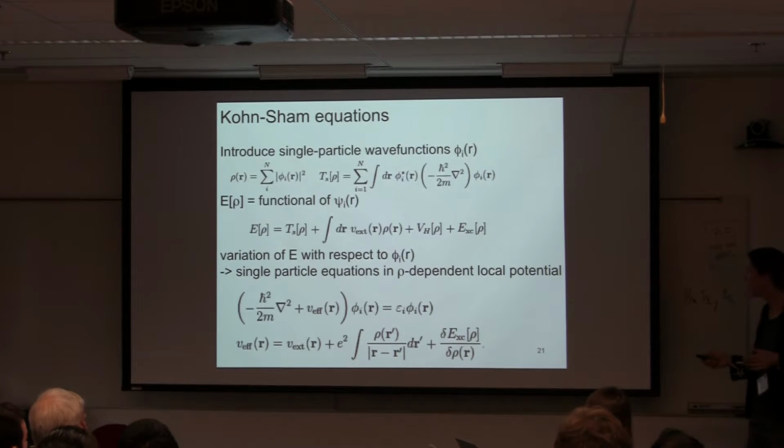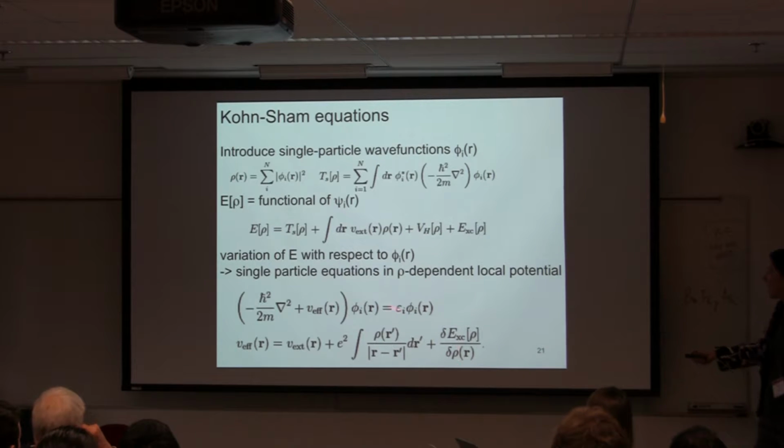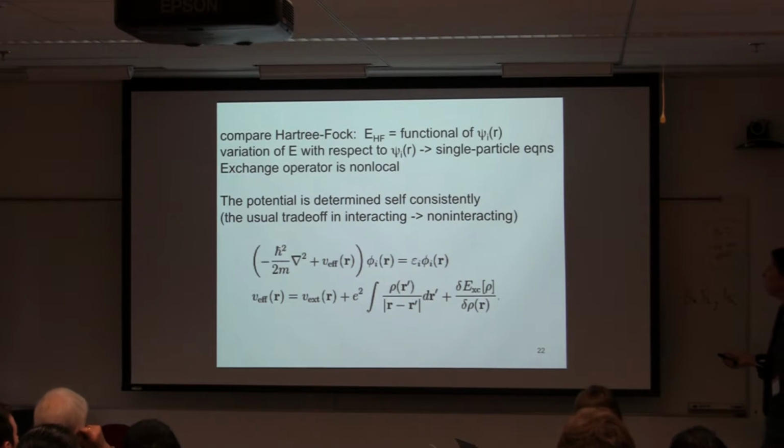I have a Slater determinant, which is a functional of the psi's. I vary the energy with respect to the psi's to get single particle equations, and I get something that looks a lot like this, except that in Hartree-Fock the potential is non-local. It involves an integral with the wave functions to get the exact exchange.